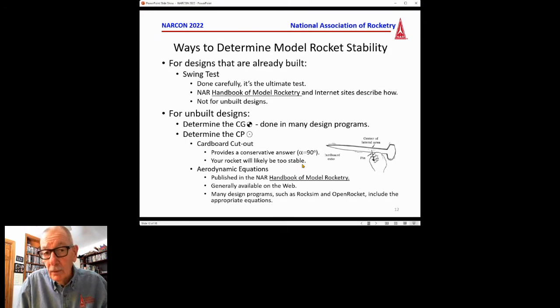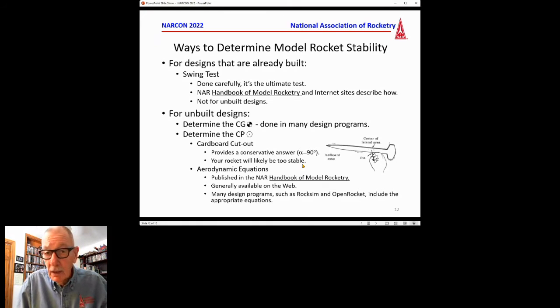Now, I did put together some aerodynamic equations early in my career, and those are probably the best way to determine the center of pressure. That is available in the Handbook of Model Rocketry. They're generally available on the web. Usually you can just Google center of pressure or rocket center of pressure and get a number of different things.